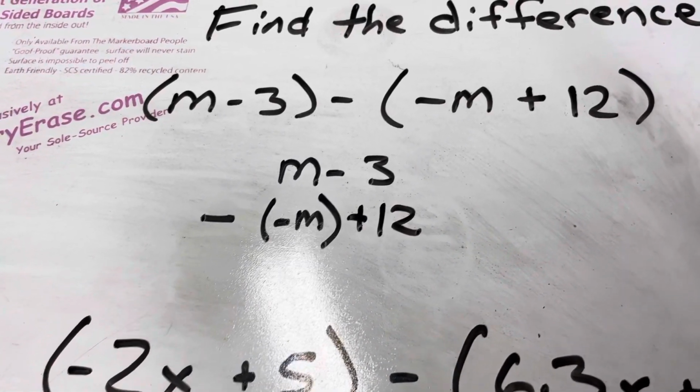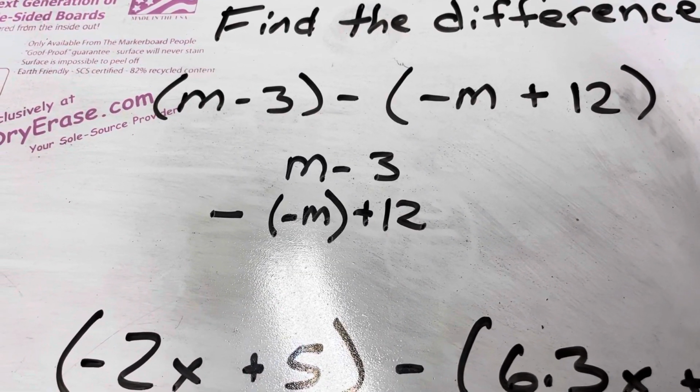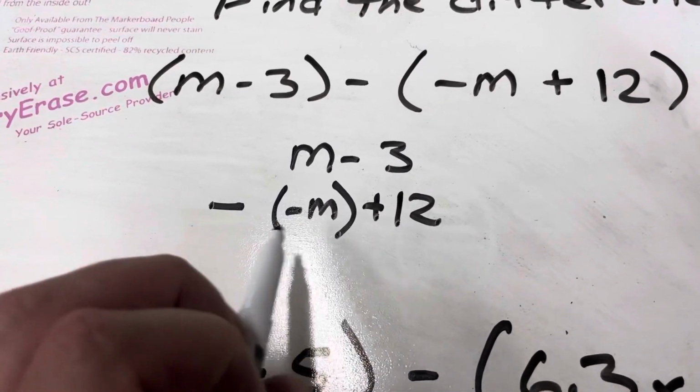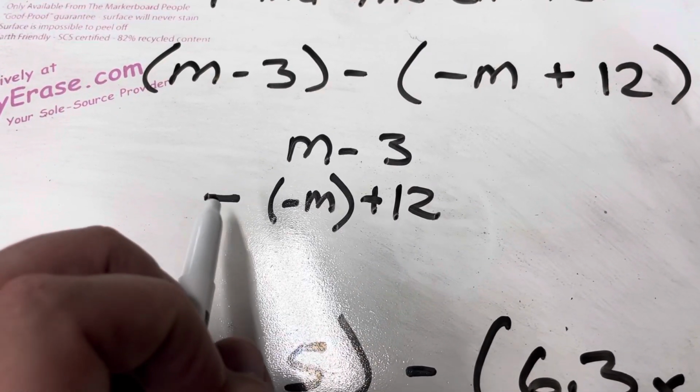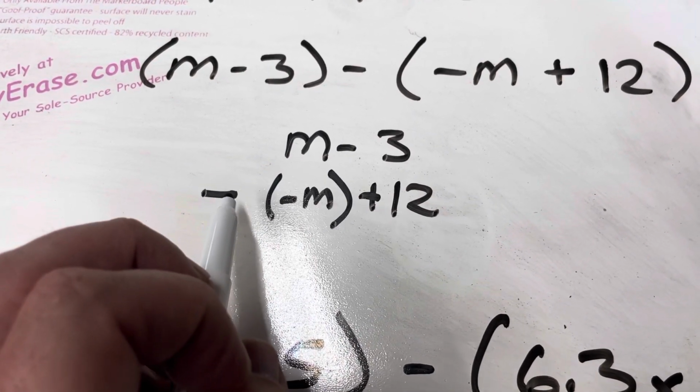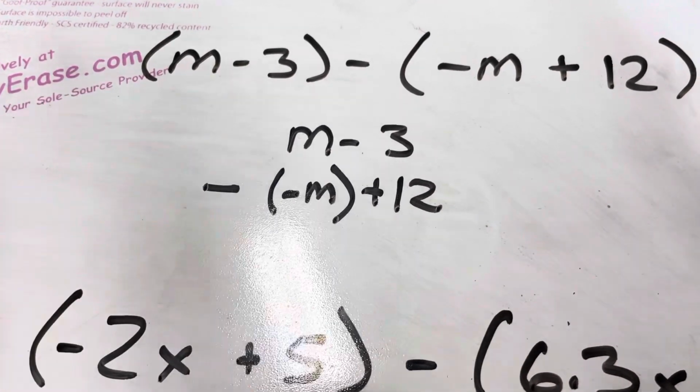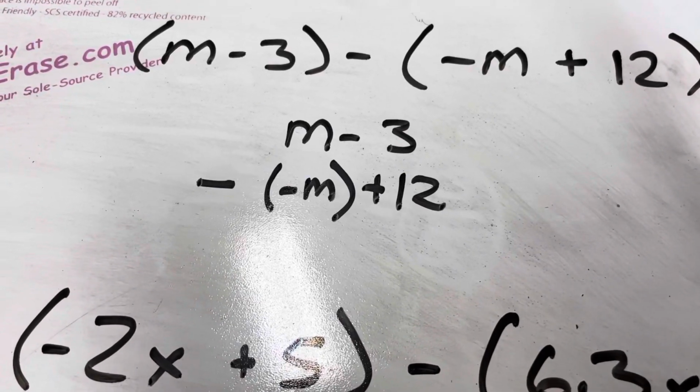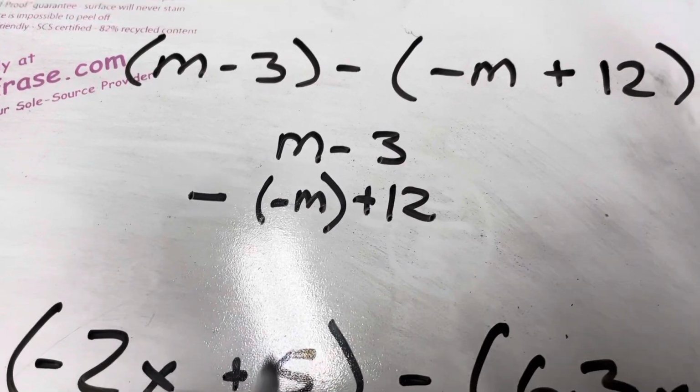All right, so I'm thinking, well, okay, first of all, I need to get rid of these parentheses. I'm subtracting a negative. When I'm subtracting a negative, I'm really, as I know, adding, okay?